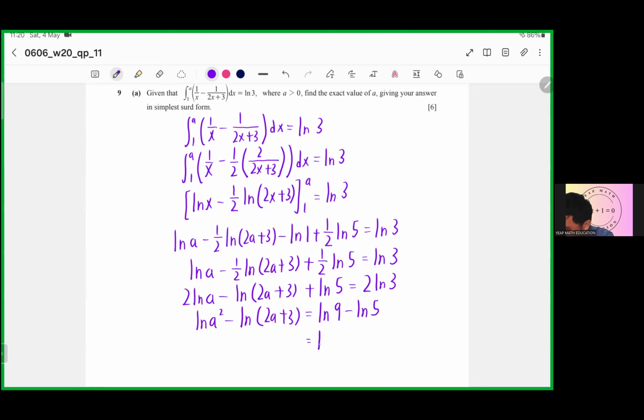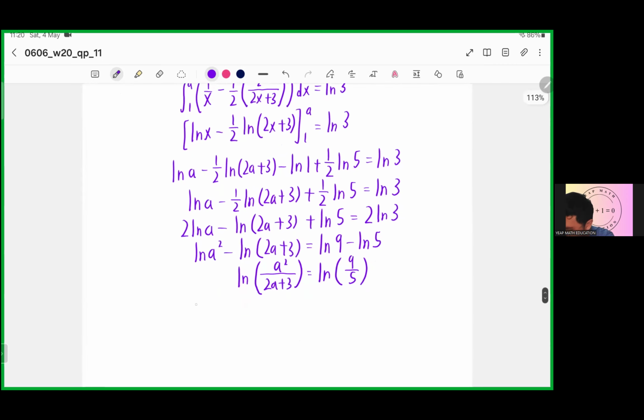So we can get ln 9 over 5 equals ln of a squared over 2a plus 3. After that we can get a squared over 2a plus 3 equals 9 over 5. So we find 5a squared equals 18a plus 27.